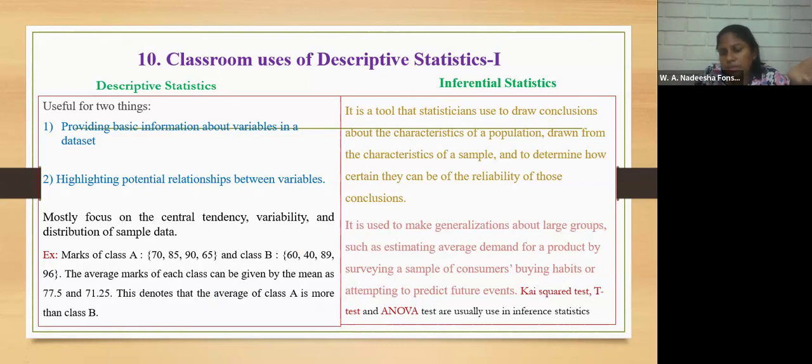Then we determine how certain we can be of the reliability of those conclusions. It is used to generalize to large groups, for example, estimating the average demand for a product by surveying a sample of consumers' buying habits.